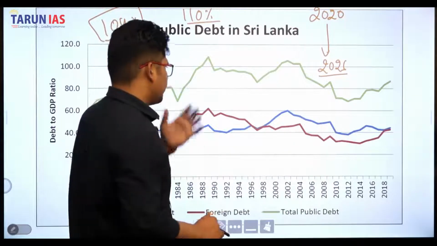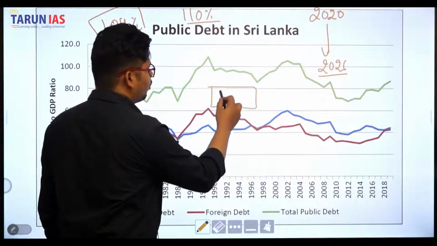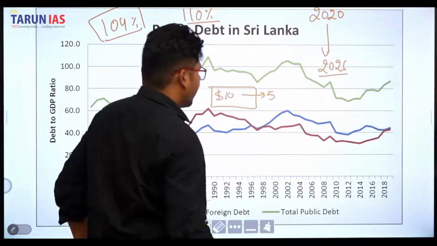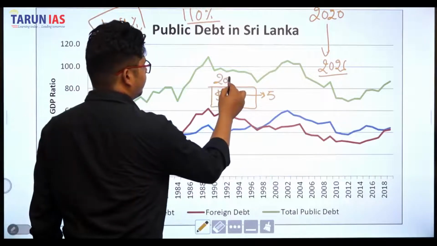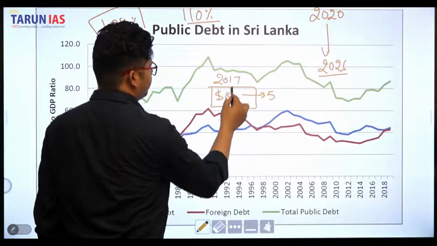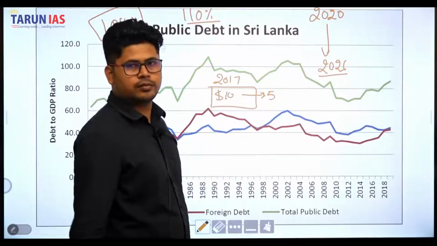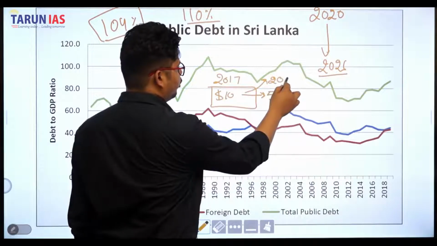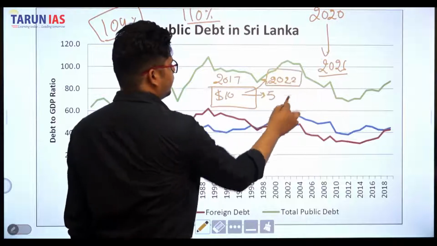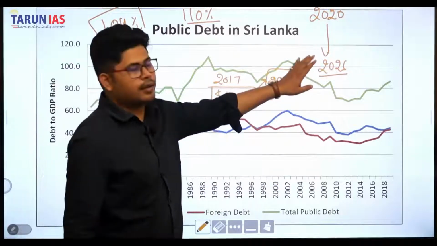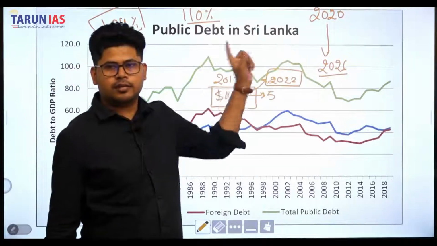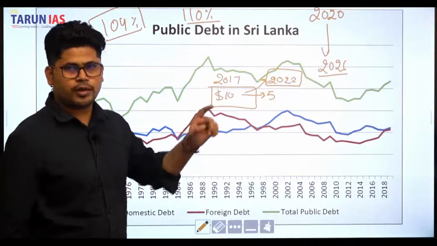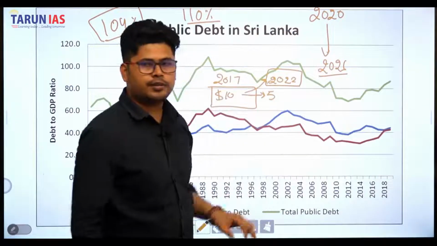Just like I said, if I take a loan of $10 for 5 years in 2017, then 2017 plus 5 is 2022, and this country will be paying the loan back to me in 2022. Similarly, the sovereign bonds and loans that Sri Lanka took are going to mature between 2020 and 2026.